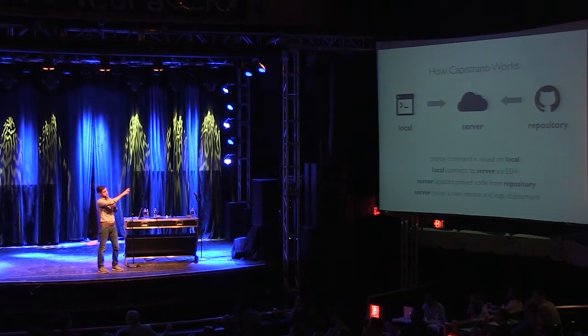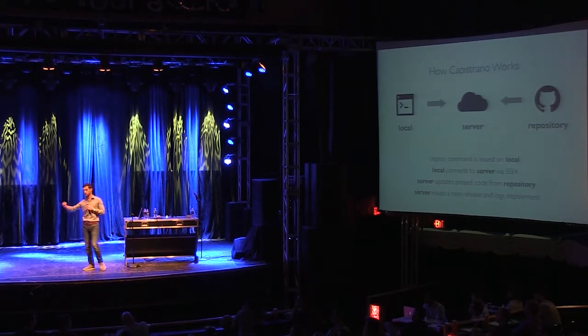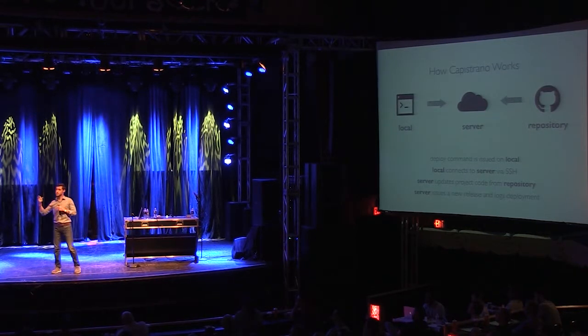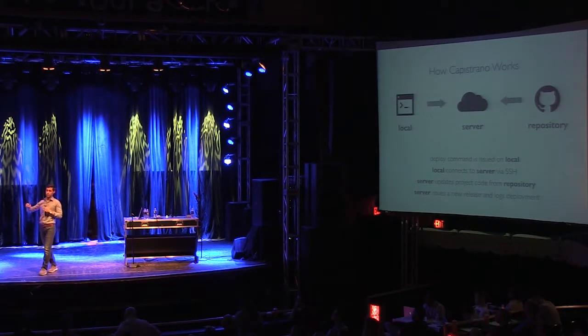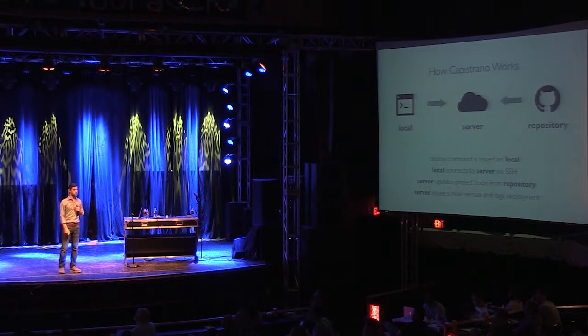There's some magic that Capistrano does on the server to manage those releases, and it uses symlinks or aliases to kind of keep track of the release that's current. The great thing about that is that, let's say you have a specific migration process that you need to do when you're deploying code. So you push a deployment, and then you want to do a database backup, or you want to synchronize maybe an uploads directory with another directory on your server.